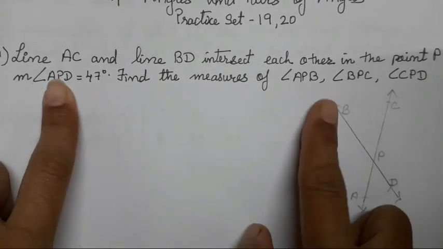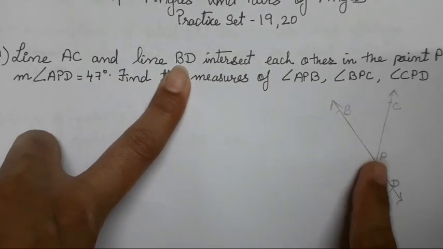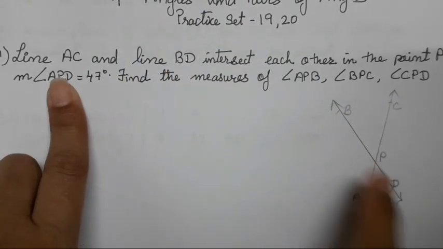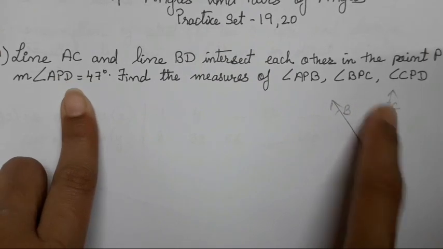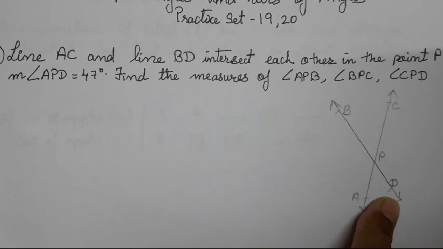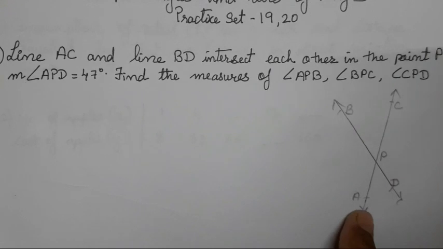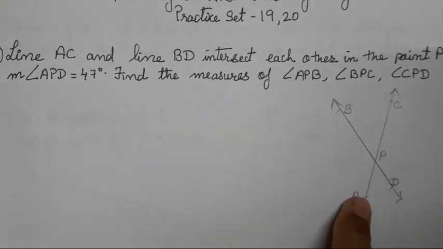Now suppose line AC, means these lines, and BD intersect each other at point O, and angle APD is supposed to be 47 degree. No, this is not A, I was showing wrong.